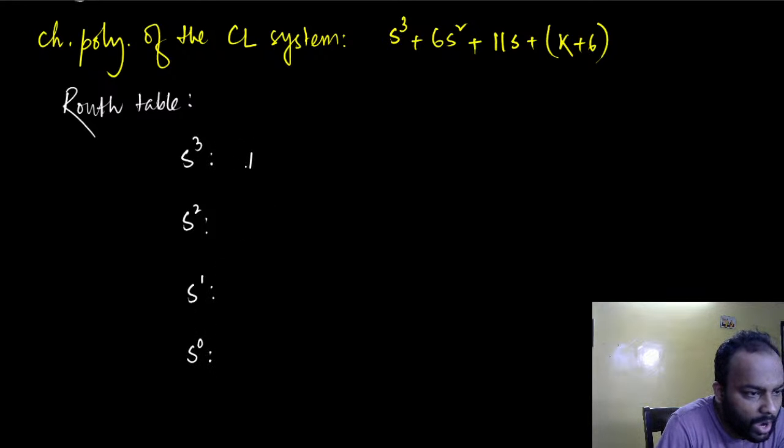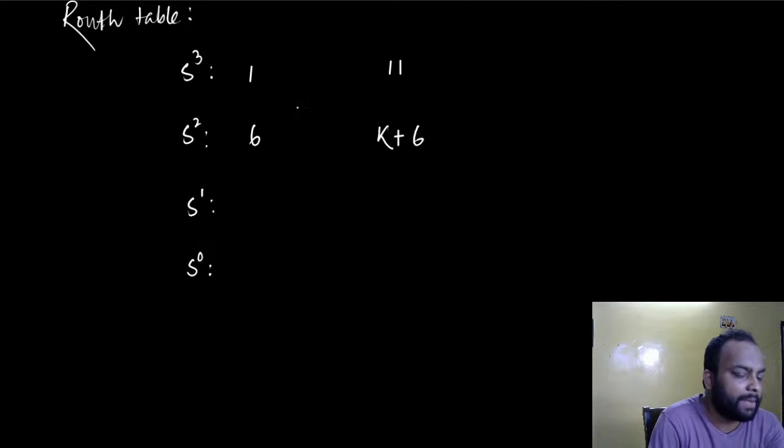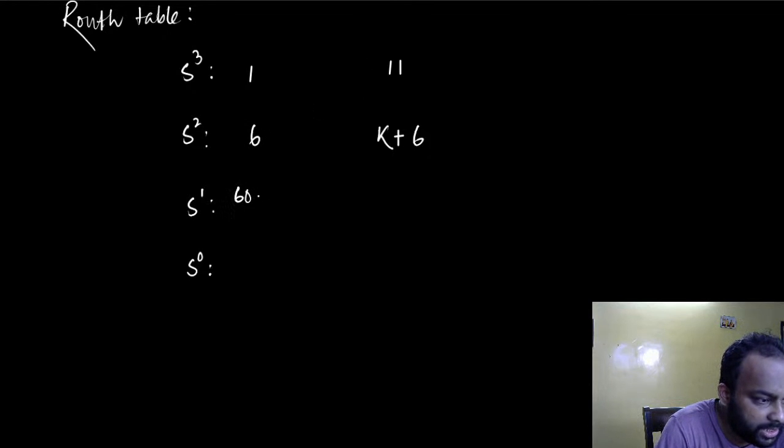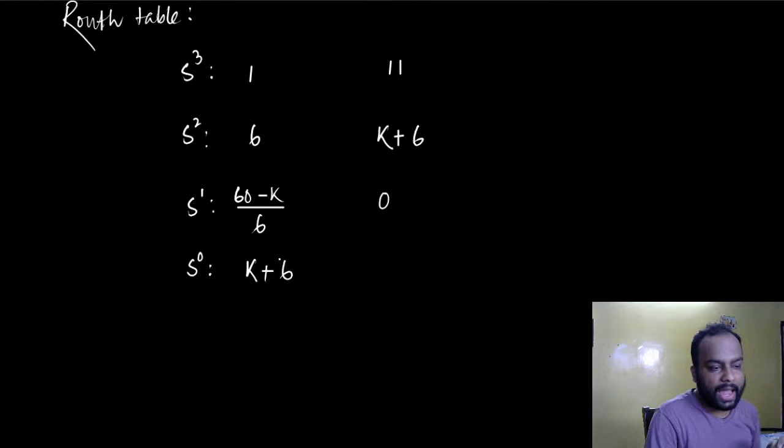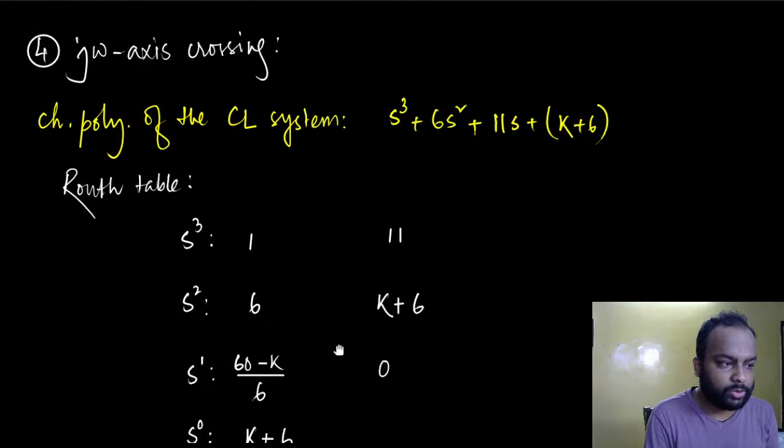Here we have 1, 11, 6, and k plus 6. And this is going to be (66 minus k minus 6) divided by 6, so (60 minus k) divided by 6, and then a 0. We could skip it, and that's going to be k plus 6.